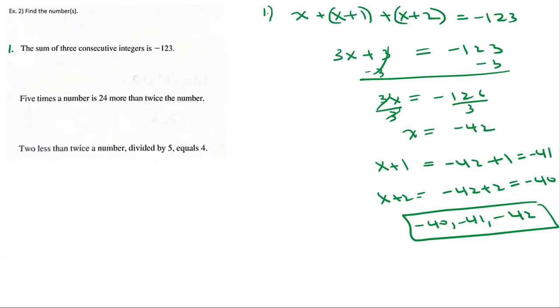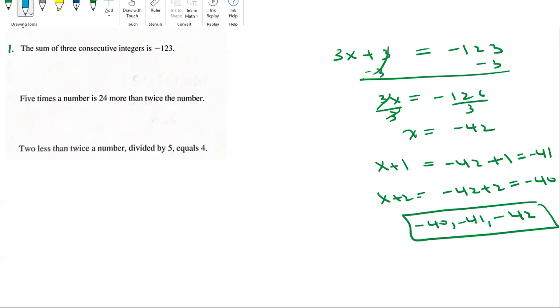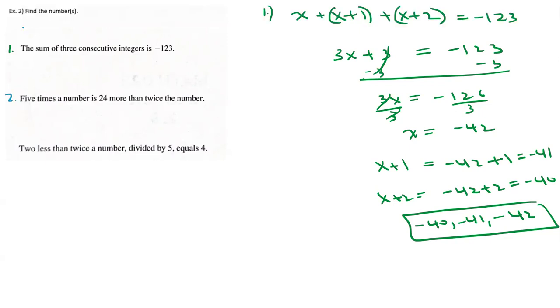All right, so let's look at number 2 now. 5 times a number is 24 more than twice the number. So 5 times a number is 5 times x. Remember when we see the words more than or less than, you would flip them.